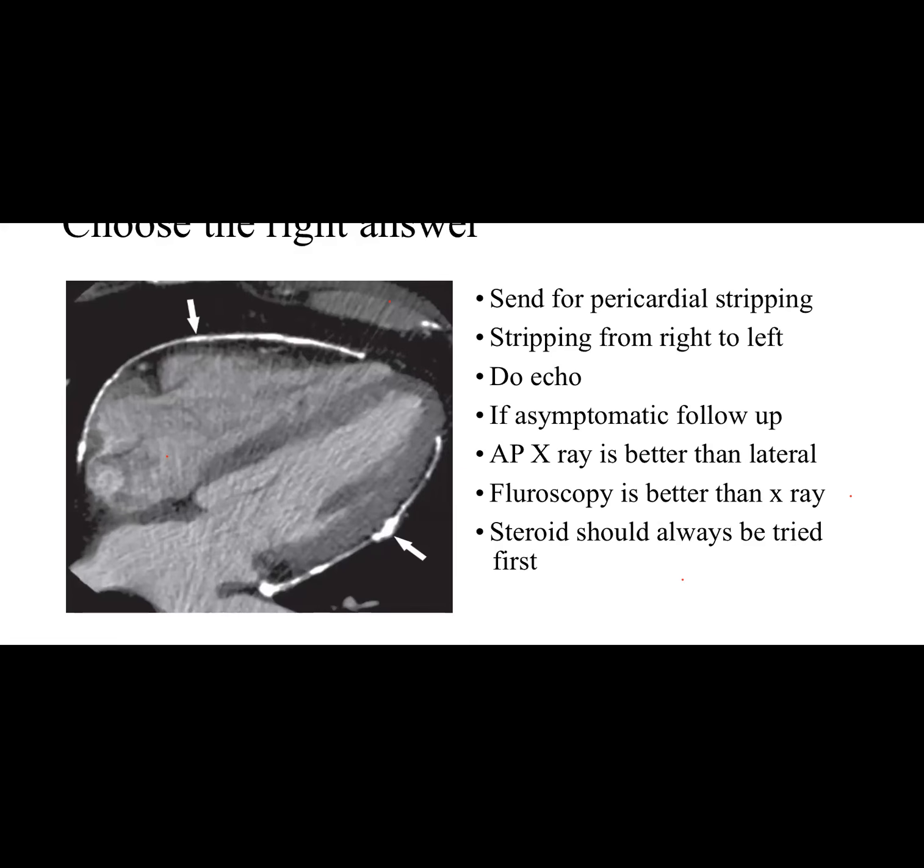Fluoroscopy is better than X-ray. Steroid should always be tried first. Not necessarily one answer, by the way. So what do you think about sending for pericardial stripping right away based on this CT? Wrong or right? No. Are you going to strip, usually in surgery when they do stripping, from right to left, or left to right? Usually it's more on the right.